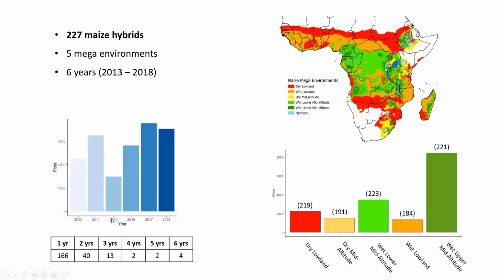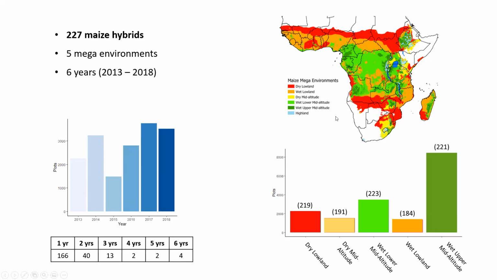There are a few plots fewer in 2015, but we get sufficient data across all years. What you can see here is the number of individuals tested in either 1, 2, 3, or even across 6 years. So we got 4 individuals which were tested across all 6 years, which gives us some connectivity of the years.